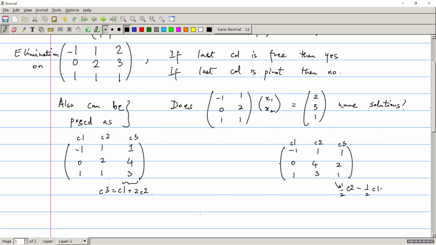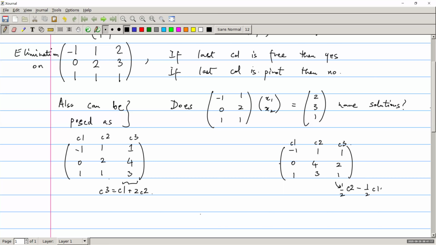The identities will change. Some of the pivot columns become free columns. Some of the free columns may become pivot columns. All that can happen, but the number of free columns and the number of pivot columns do not change.